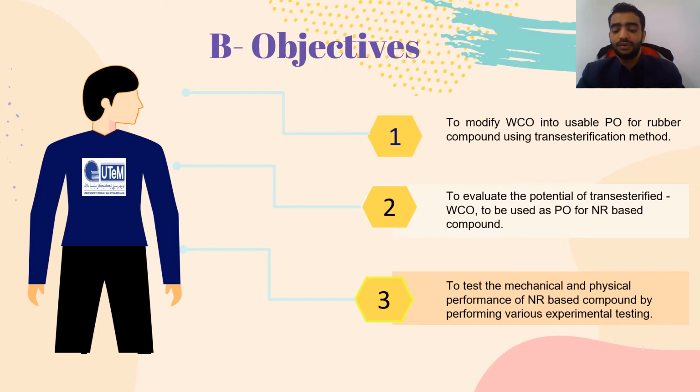Secondly, to evaluate the potential of transesterified waste cooking oil to be used as processing oil for natural rubber based compound. And lastly, to test the mechanical and physical performance of the natural rubber based compound by performing various experiments.